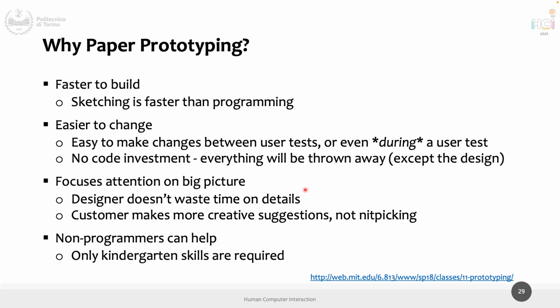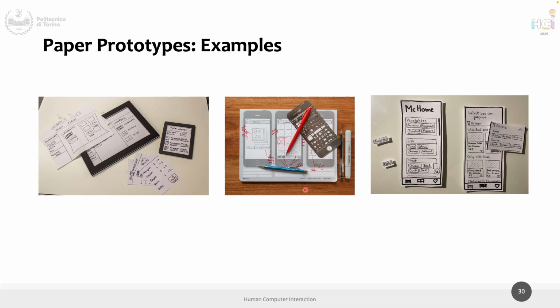With a paper prototype you don't get these comments because there is no color and no precision. Those things will be in a higher level of fidelity, but now you can focus on the interaction without these details, which are important, but come after. And also non-programmers, if needed, can help, because kindergarten skills are the ones needed.